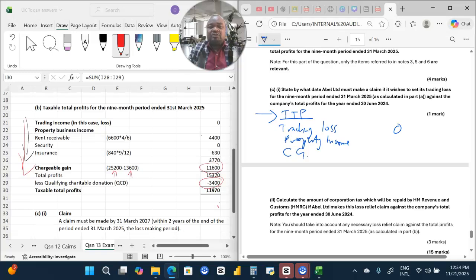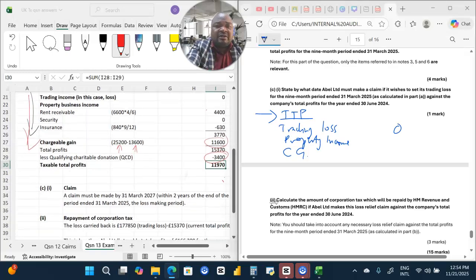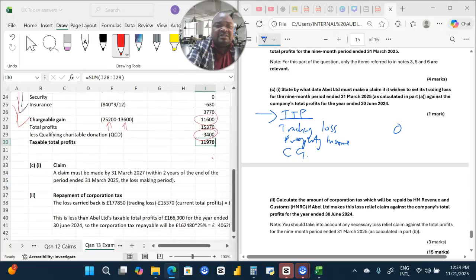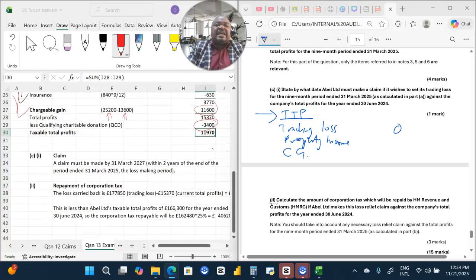Normally, you need to just say within 2 years after the loss-making year, something like that. So, what did the examiner say? A claim must be made by 31 March 2027, within 2 years of the end of the period ended 31 March 2025, the loss-making period.